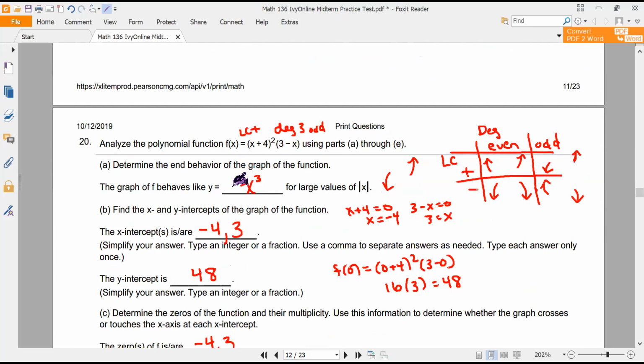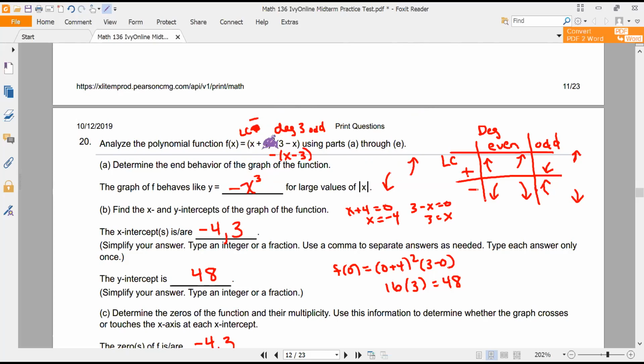Let me go back. This behaves like negative x to the third. Okay, so I am backwards. Sorry, I did not see that this needs to be factored. When you have an x that is listed second, you really should rewrite it and factor out that negative. Yeah, I didn't catch that. So that just changes that the leading coefficient is negative, and that means this behaves like negative x cubed.